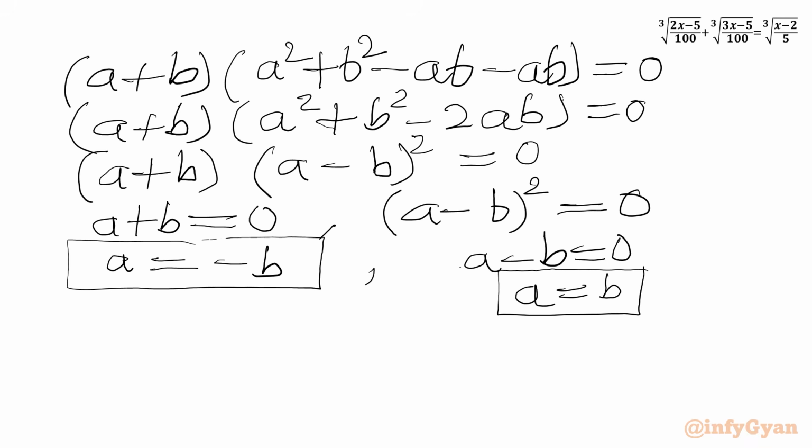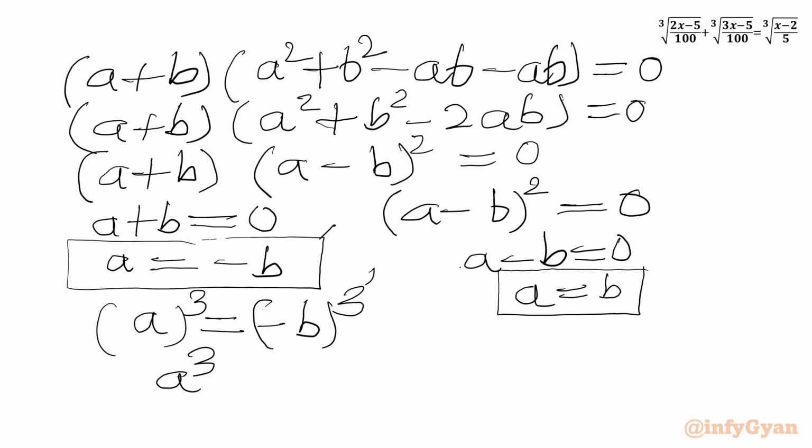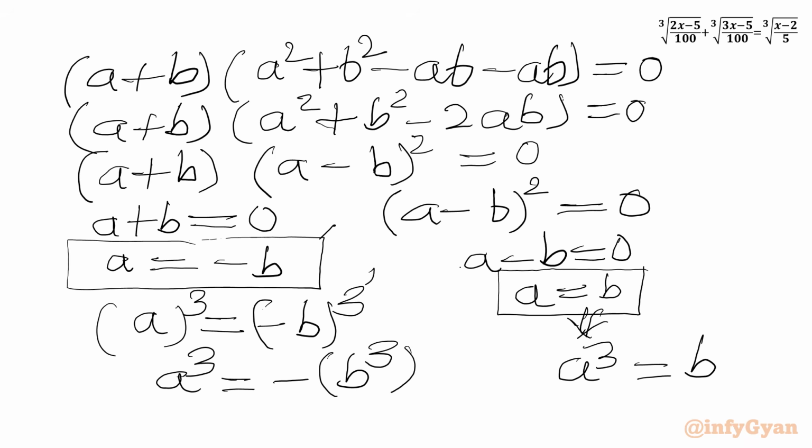Now a and b are our substitutions. So let me consider our first equation, a equal to minus b. Now we'll be cubing both sides. So we'll write a cube equal to minus b whole cube, minus 1 whole cube is minus 1, and then we'll write times b cube. And if we consider cubing here, we are going to get a cube equal to b cube.